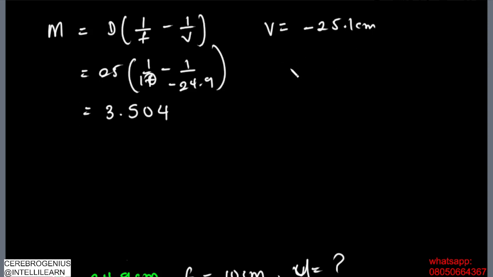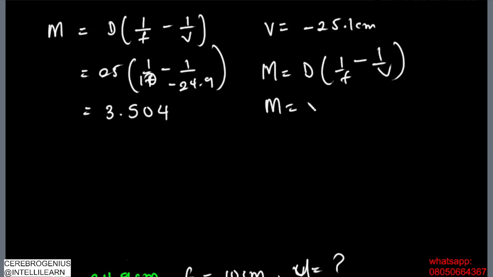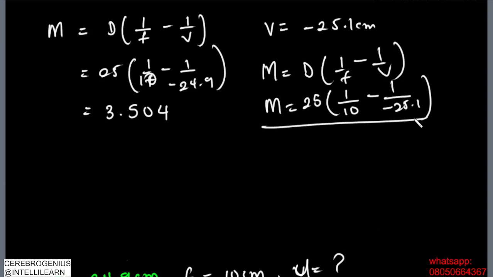So we use the formula for magnification of microscope, because in this case it is functioning as a microscope. So we say D times 1 over f minus 1 over v. So this is going to become D is 25, 1 over f is 1 over 10, minus 1 over minus 25.1. So in this case it will be able to function as a microscope.